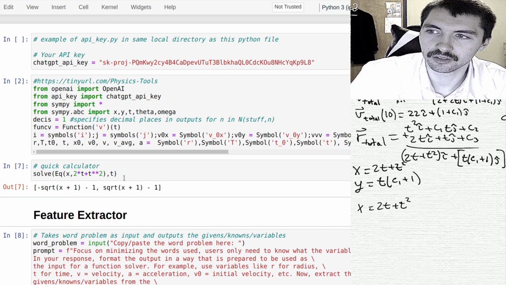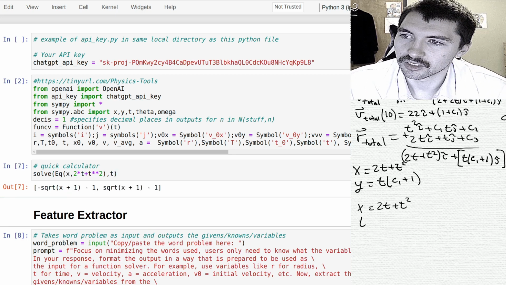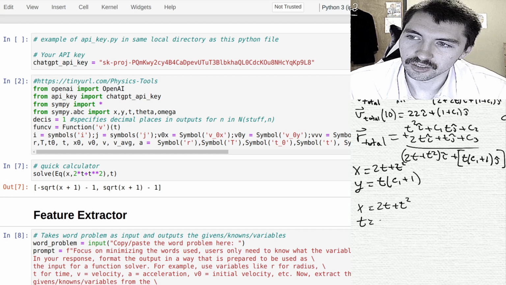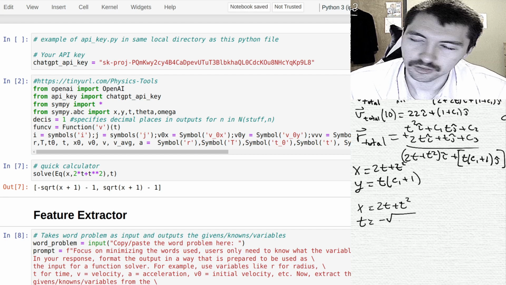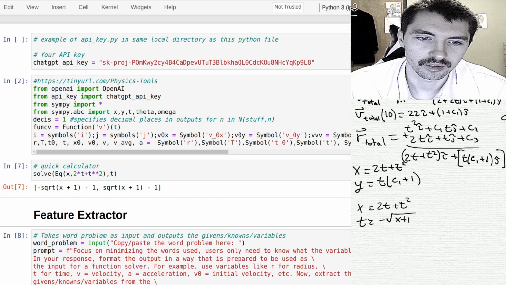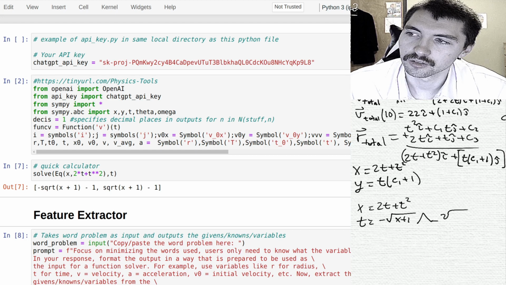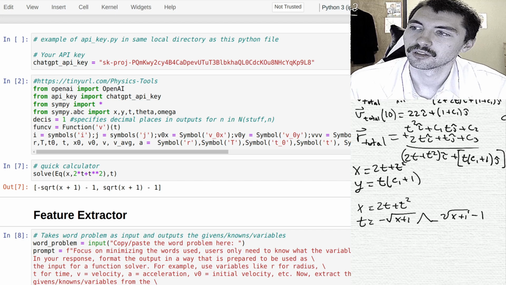Okay, yes. So we get t is the negative square root x plus 1 or square root x plus 1 minus 1.